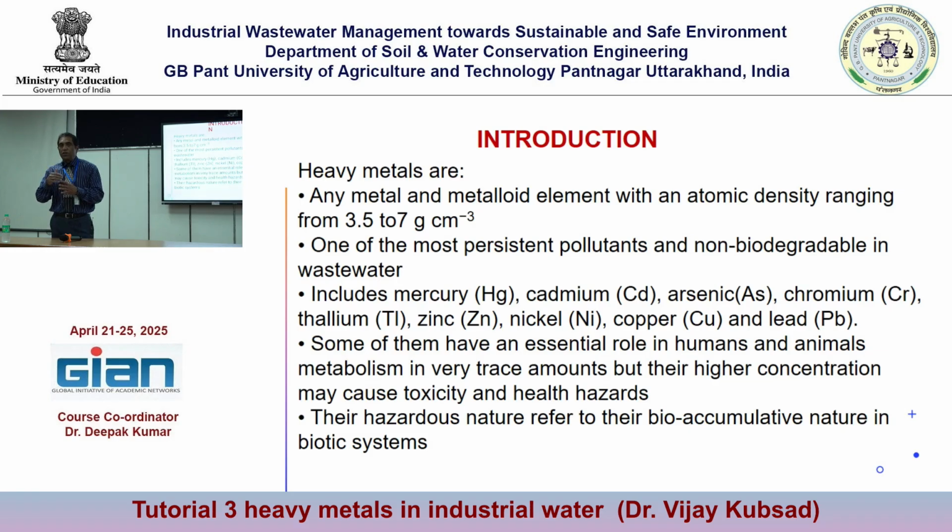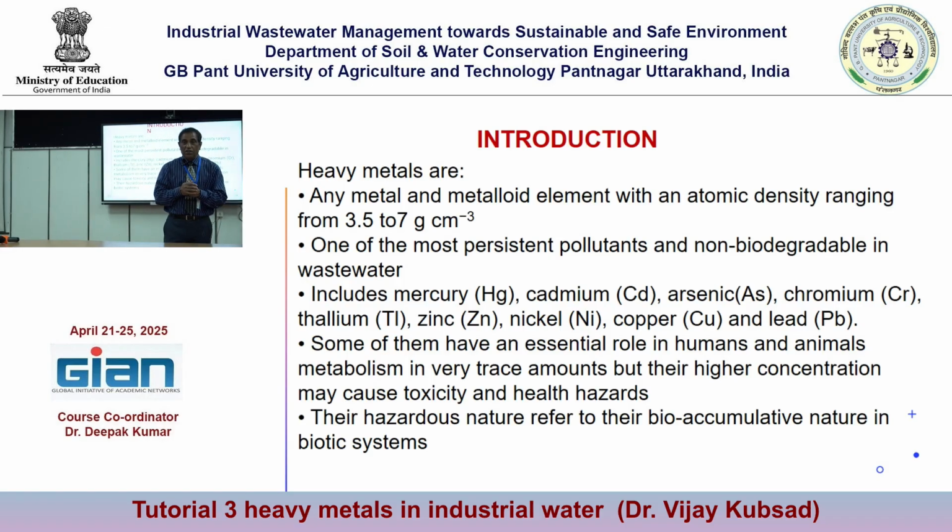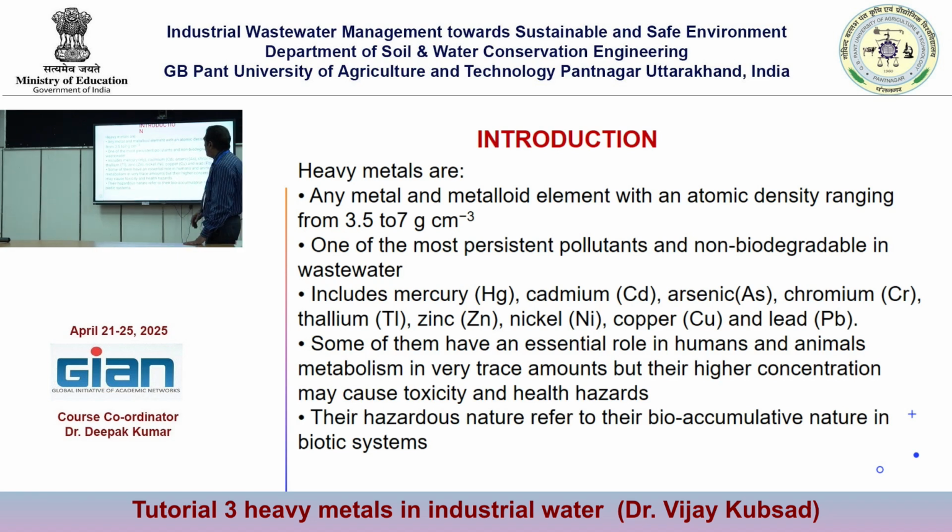What we are doing, we are making sure we want to remove, it should not be there. If it is there in the sludge, that you know. But we are going little deeper to understand what they are, in what form they are, what is the quantity, what are the reservations for them. One of the most persistent pollutant, non-biodegradable in the wastewater.